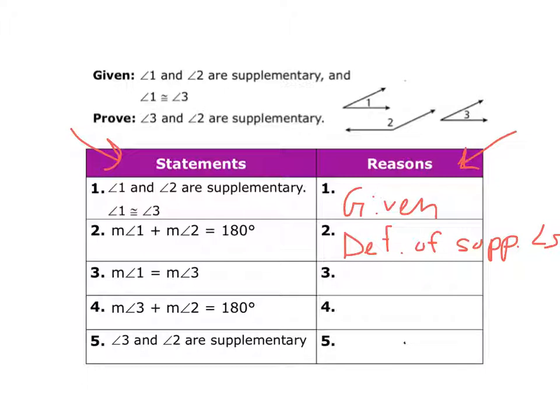Not substitution. We're looking at this part of the given. So if we're going from angle 1 is congruent to angle 3 to the measure of angle 1 is equal to the measure of angle 3, how do we get from that step? Definition of congruent angles.